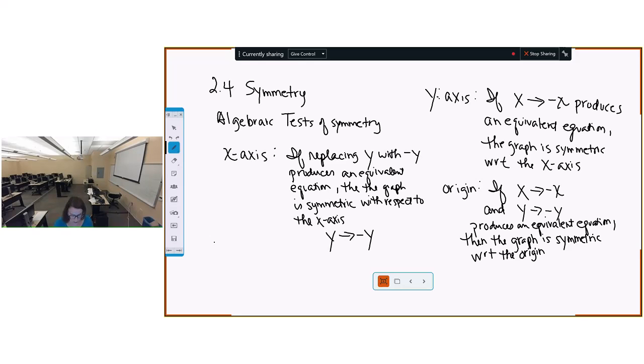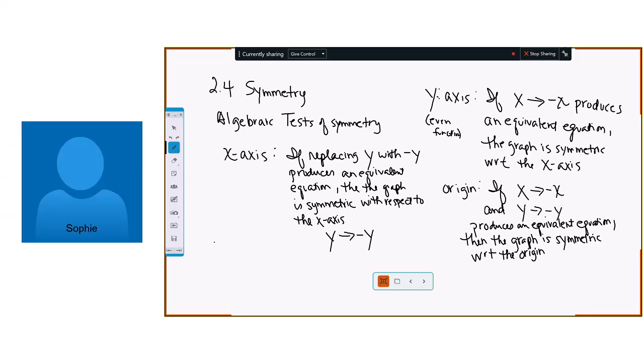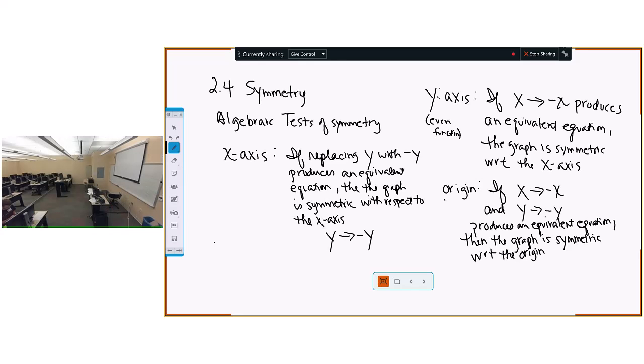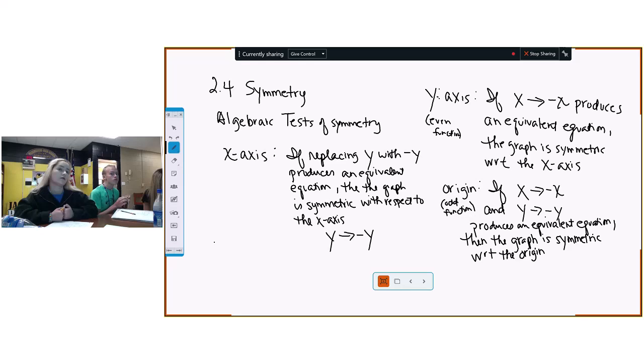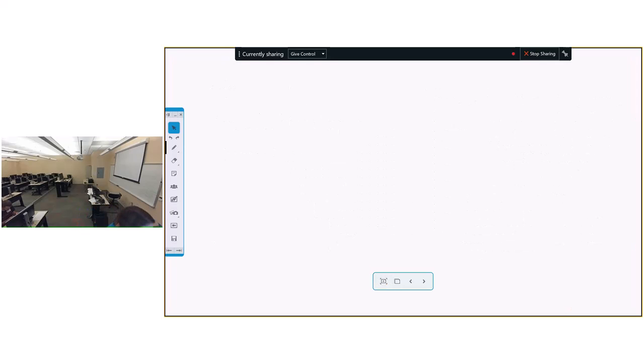And you're going to find out in a little bit that this is going to be an even function. And if it's symmetric with respect to the origin, it's going to end up being an odd function. And we'll get into that some more. And I think what I posted on Blackboard will help you.